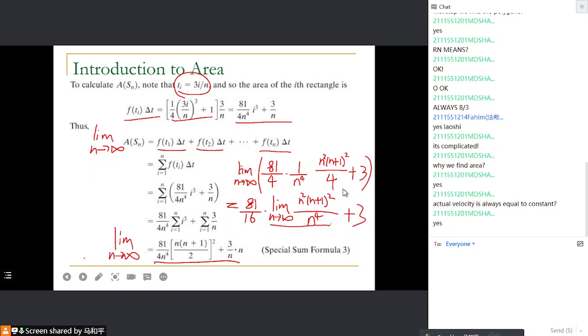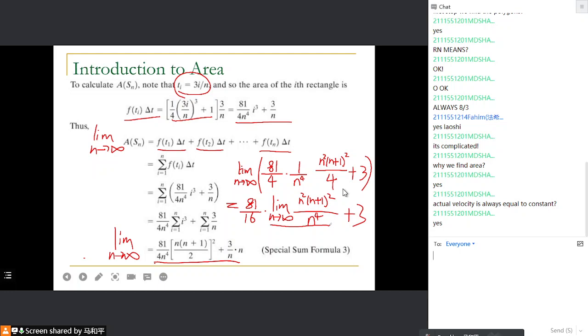The limit is equal to 1. We can divide both by the highest power, right?